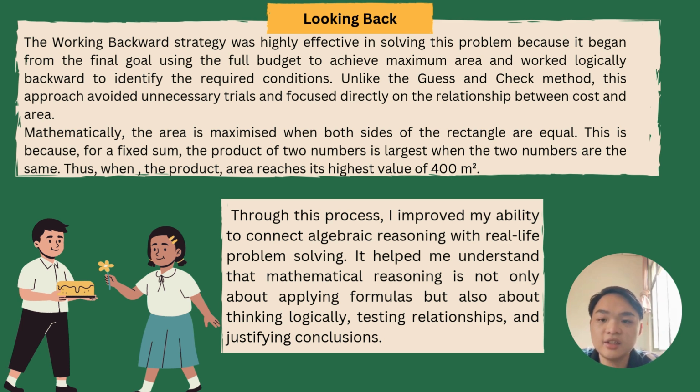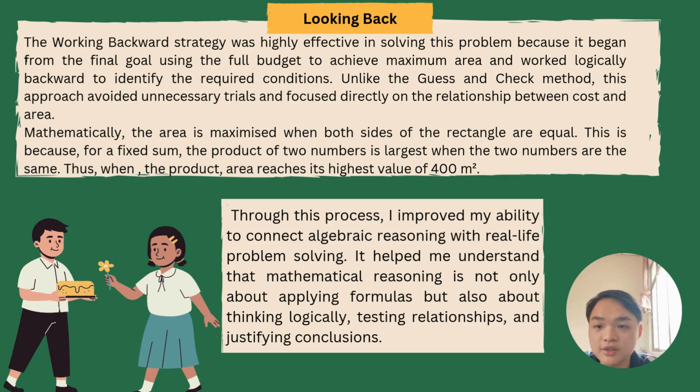Unlike the guess and check method, this approach avoids unnecessary trial and focuses directly on the relationship between cost and area. Mathematically, the area is maximized when both sides of the rectangle are equal. This is because for a fixed sum, the product of two numbers is largest when the two numbers are the same. Thus, the product, area, reaches its highest value of 400 meters square.